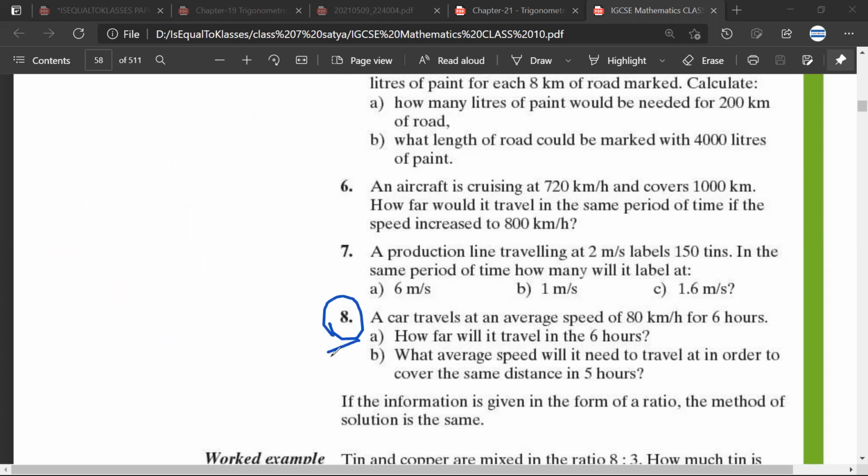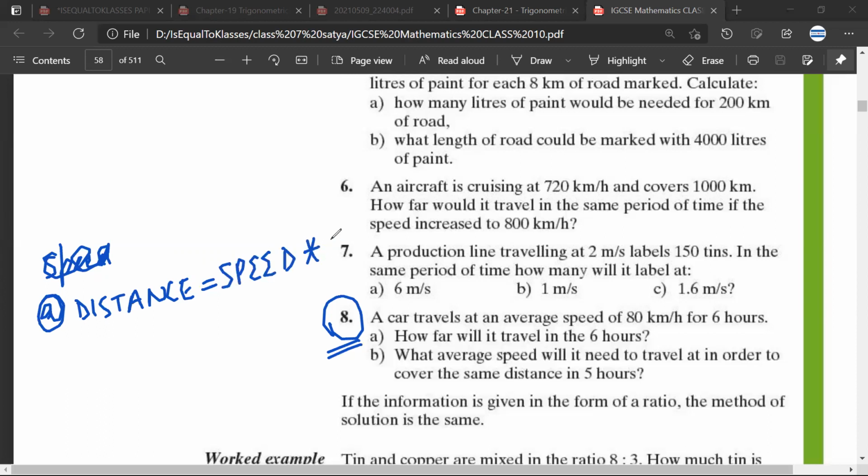Okay. Sarthak, how can I do question number 8? So it will be speed, hours upon speed. What is the formula for distance? Speed into time.